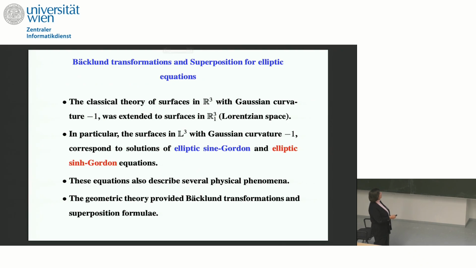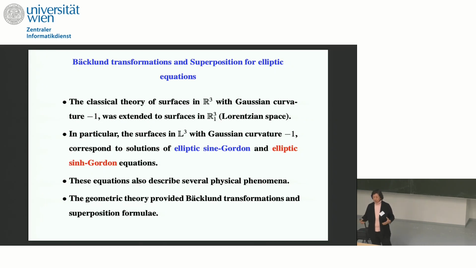All right. So I want to mention that now we've also done some things on elliptic equations. We started going back to the Bäcklund transformation, which was geometry for surfaces in R3, and we looked now for surfaces in the Lorentzian three-dimensional space.